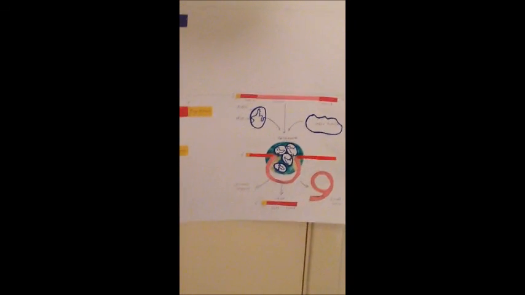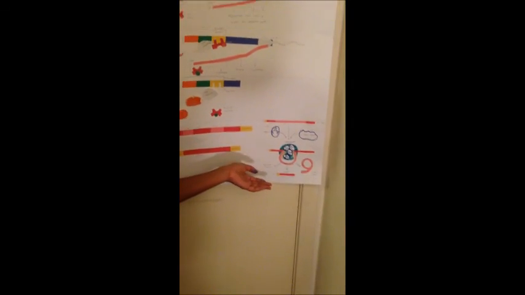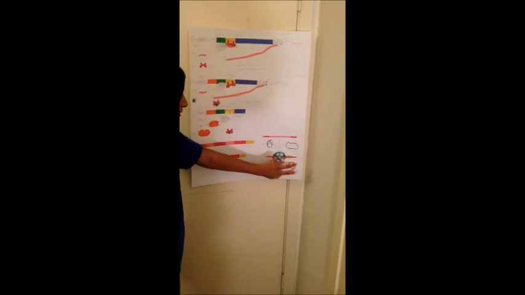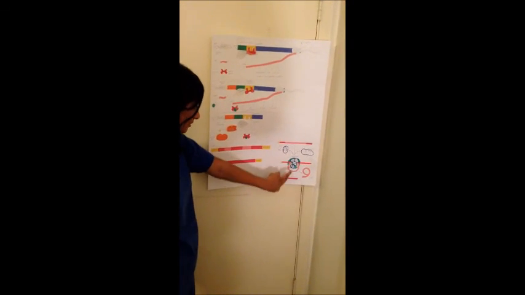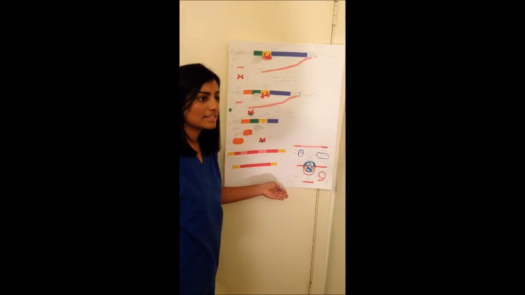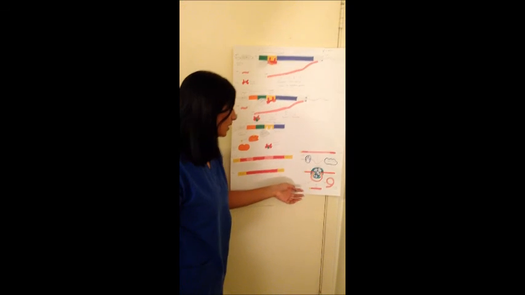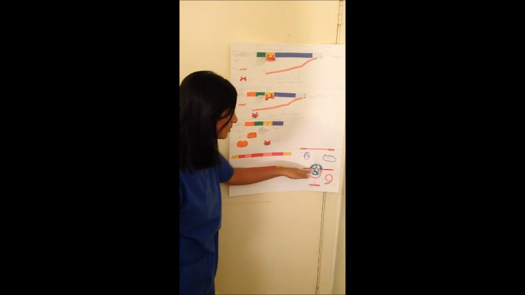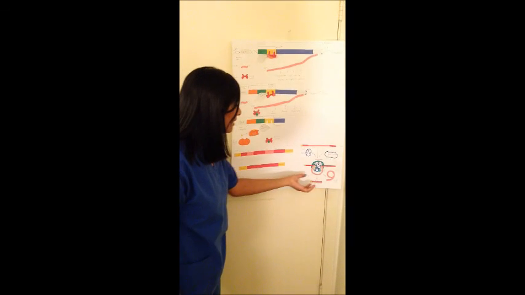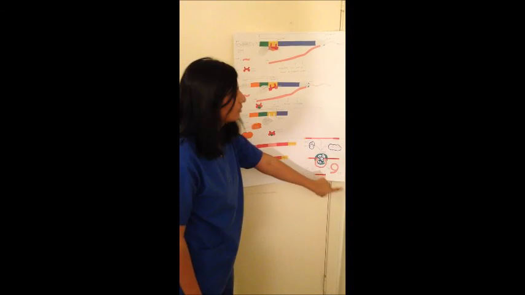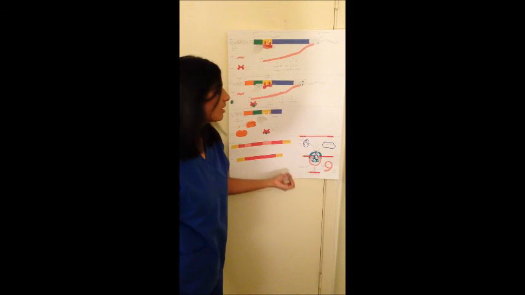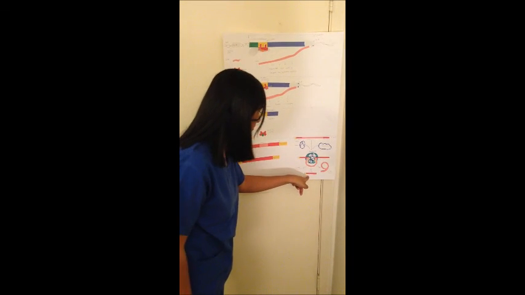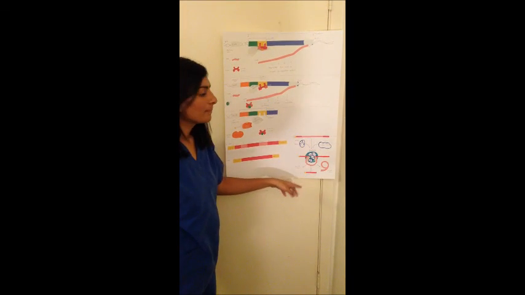The snRNPs bind with other proteins to form a larger complex called a spliceosome. The spliceosome interacts with the splice sites at the ends of the introns, and it cuts the introns out at these specific sites. So this is the excised intron, and it splices together the exons to make the mature mRNA.